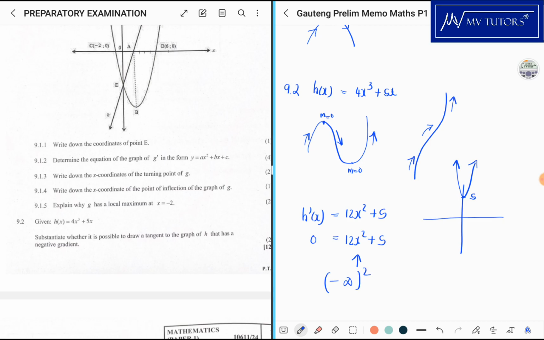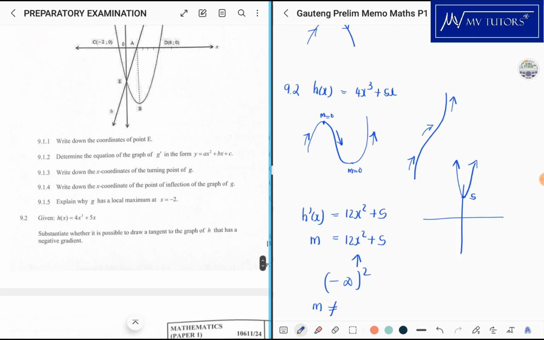That will give you a positive. So looking at this, no, sorry, I'm supposed to say m, that's your gradient. Your gradient will never, ever be less than 5. Your gradient will never be negative.